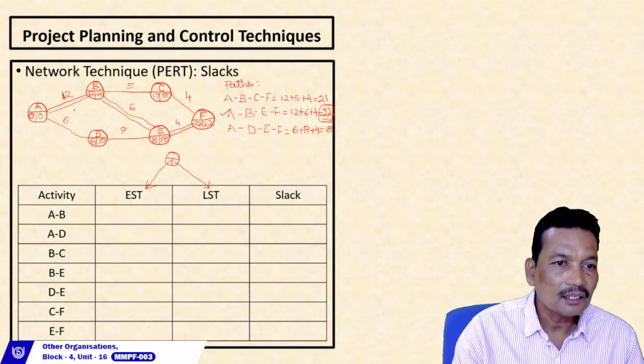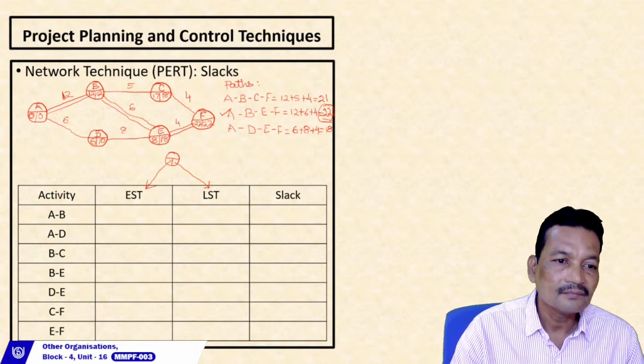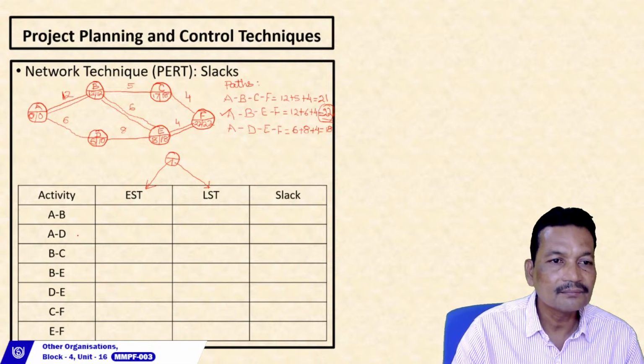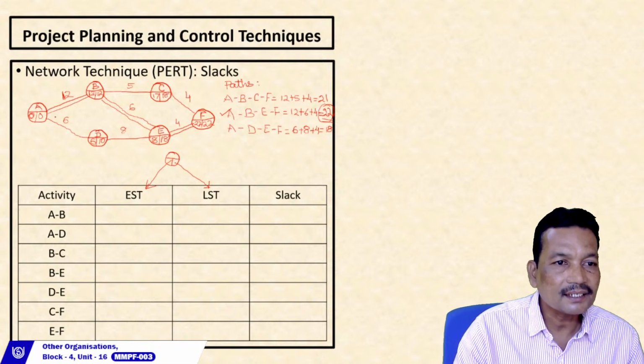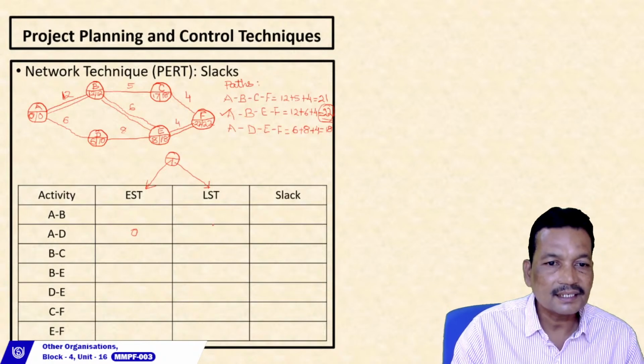For example, let us look at activity AD. Activity AD is here. You can see here. Earliest starting time for A, D, it is 0. Latest starting time is 0.